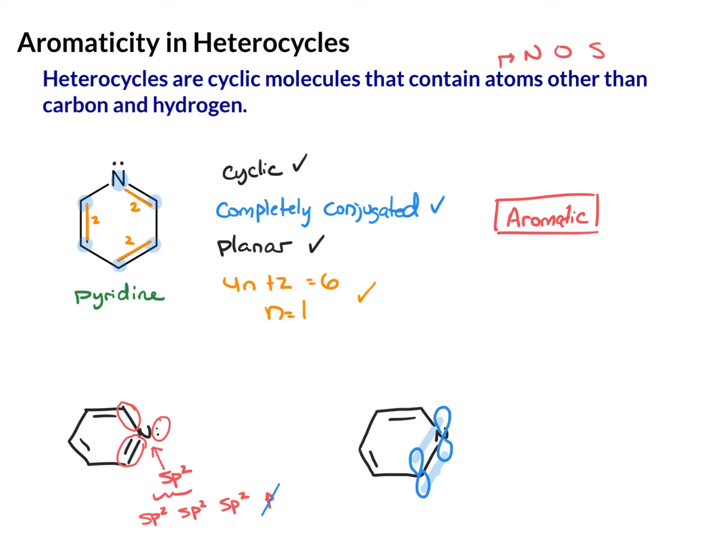Well, one of the sp2 orbitals is used to make the sigma bond with the neighboring carbon. Another one is used to make the sigma bond with the other carbon. And then the third sp2 orbital, that's where the lone pair is going to reside.